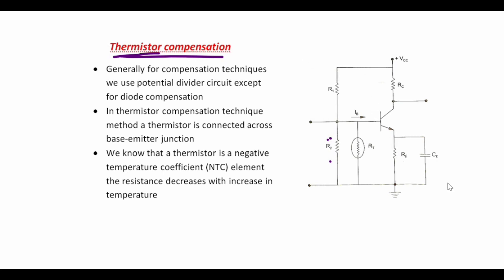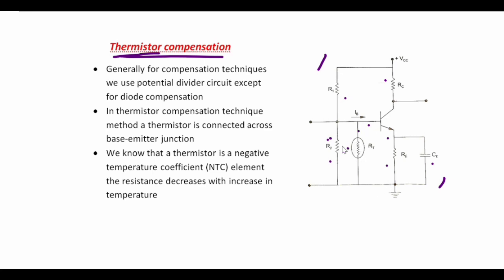Now in this circuit we are using self biasing. In the thermistor compensation technique, the thermistor is connected across the base emitter junction. This is the base and this is the emitter.